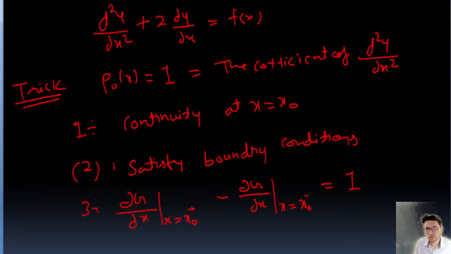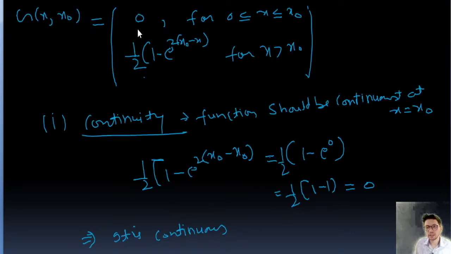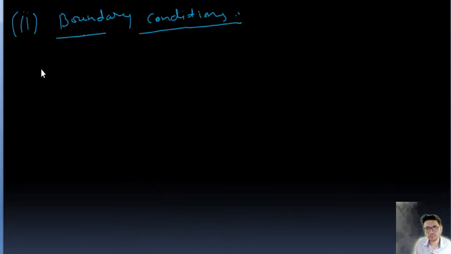The first is already 0, and the second will also be 0. So all these options will satisfy this boundary condition, right?